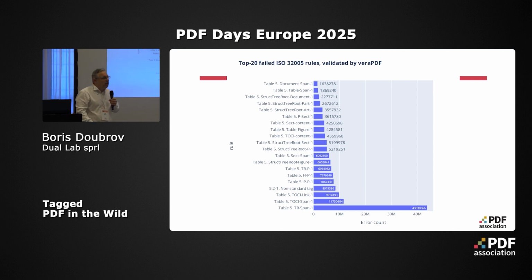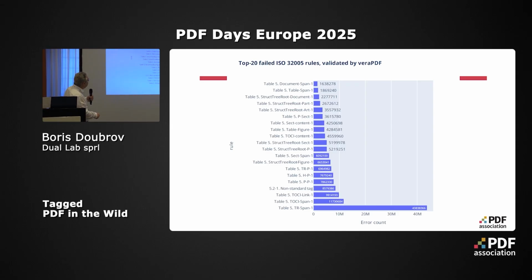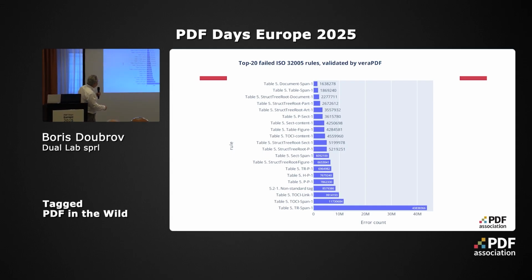So maybe, again, because of some popular implementations, we're doing exactly this when saving documents to PDF. And here we have many other things, like there are spans in table of content. There are links that are put directly into the table of content item. That's a very typical use case. Non-standard tags are used a lot.